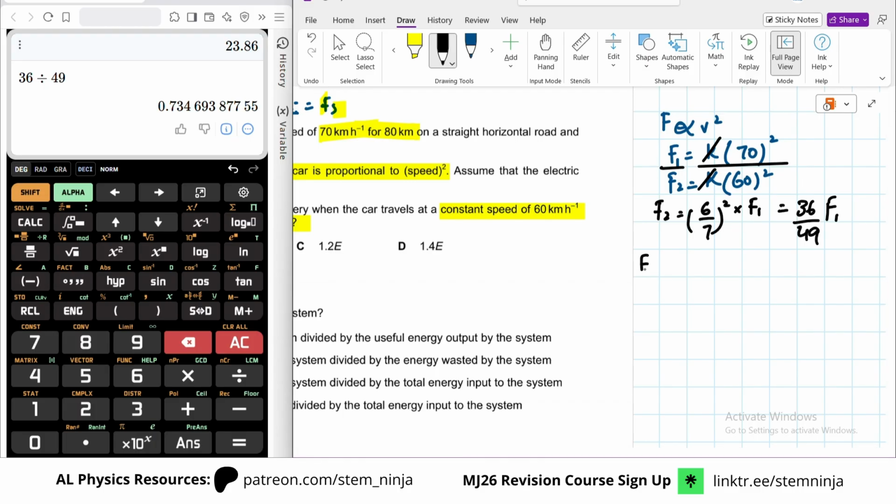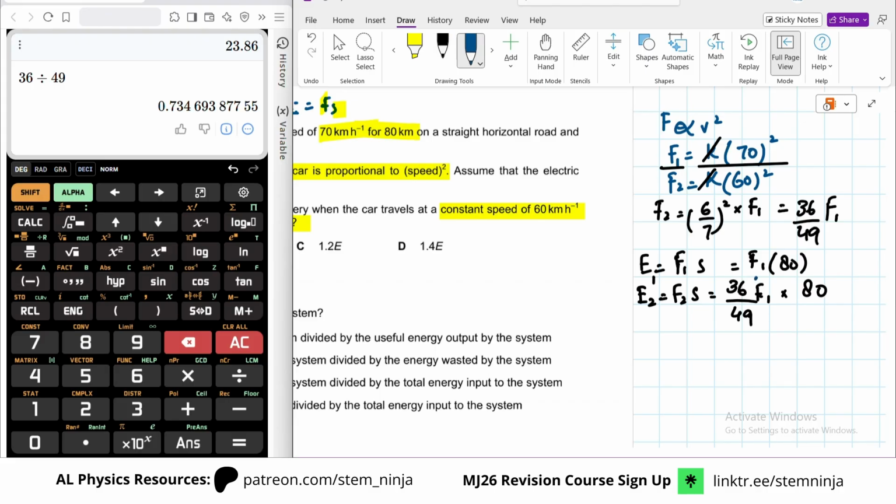the energy used before is F1s, which is simply F1 times 80 kilometers, because V and T would just simply make displacement. E1 is that, and E2 is your F2 times the same distance. So your 36 over 49 F1 times 80.